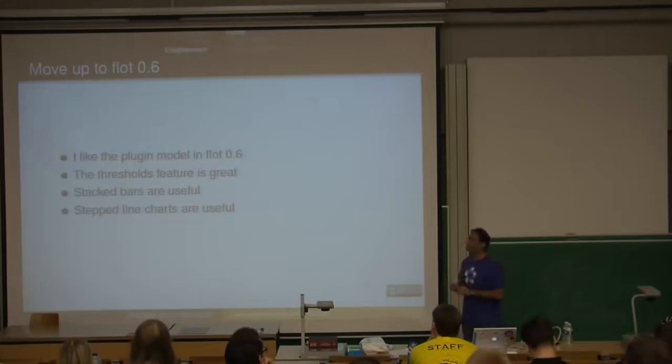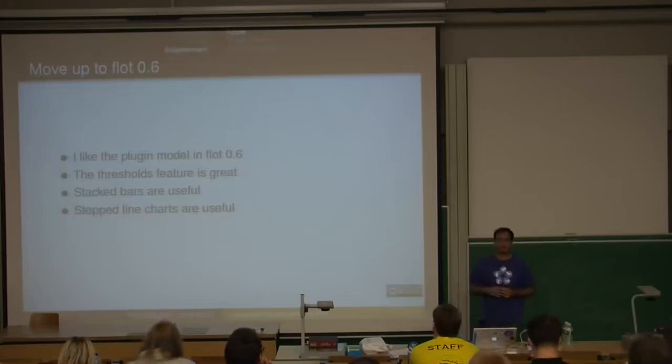I like that model because it lets other people add code to it without having to modify the library itself, which would make my job easier because I can pull in some of the Flot plugins and use them directly in YUI Flot without having to change them.